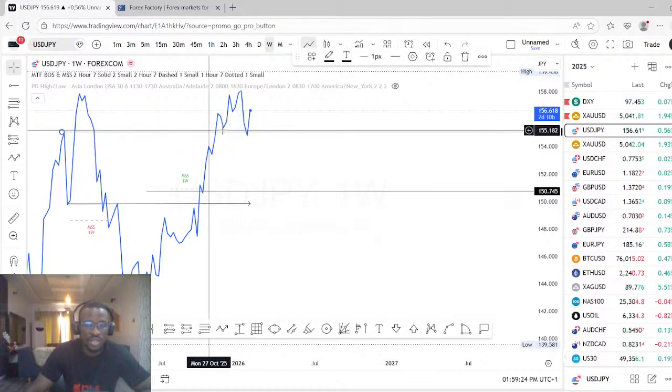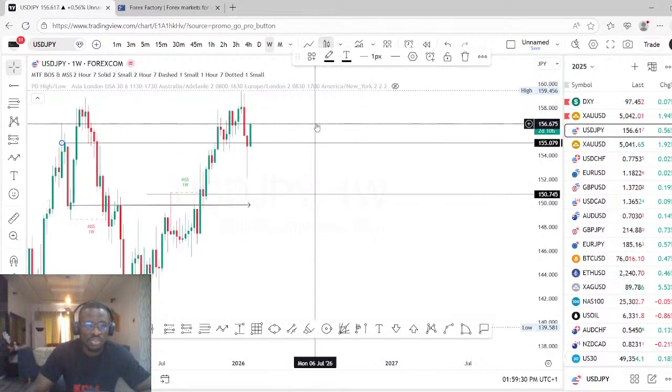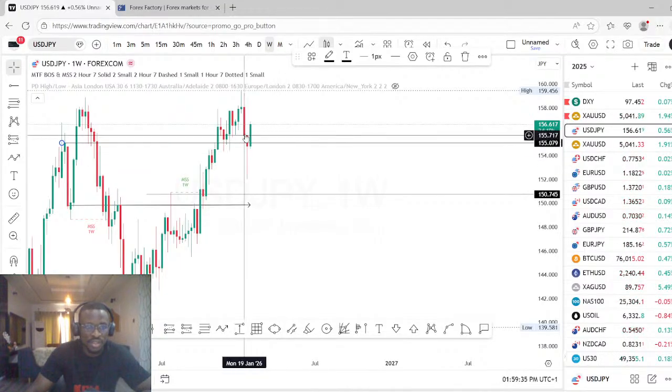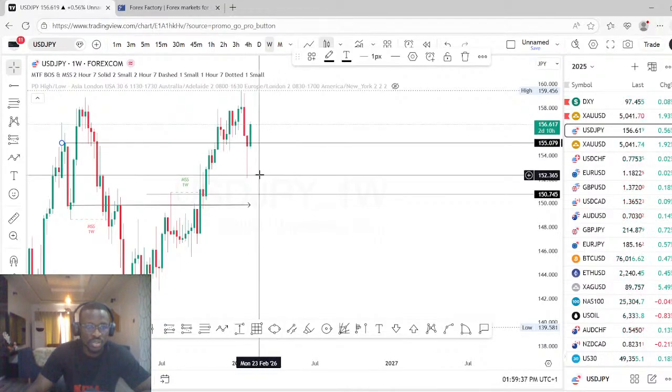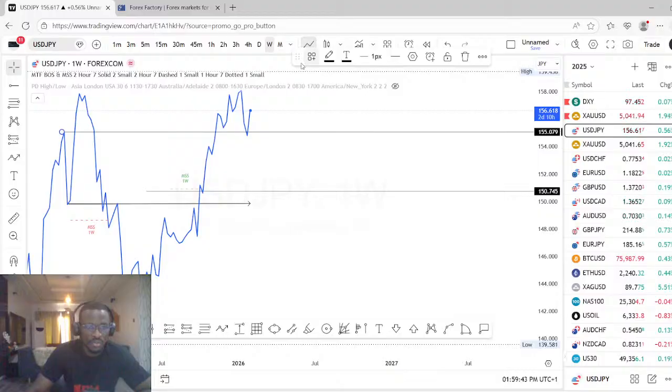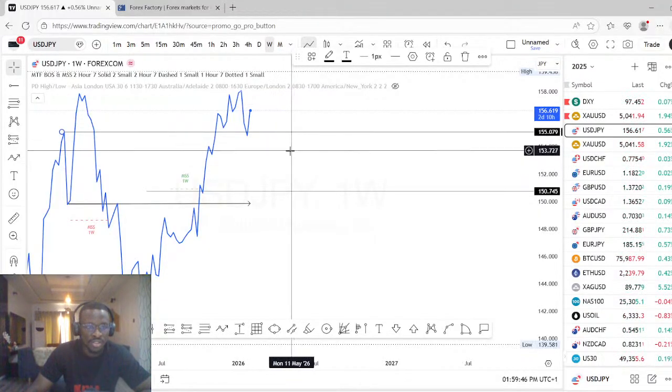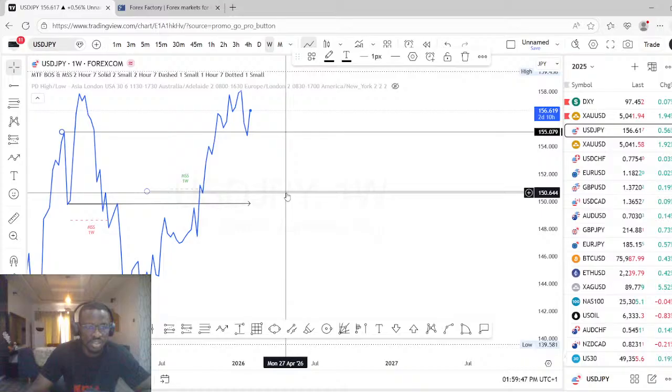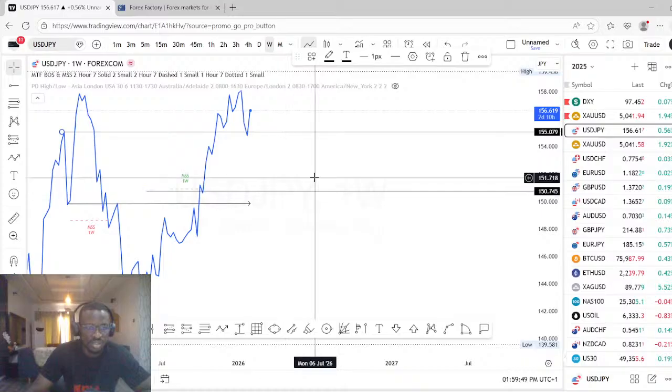Now when you look at the right hand side, you can see how perfectly the market tried to tap into that particular zone. And after tapping into that particular zone, you can agree with me that we had a couple of retests. So we had several retests that went on in this particular market.